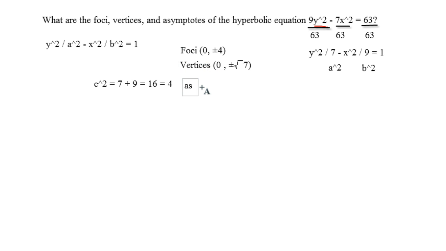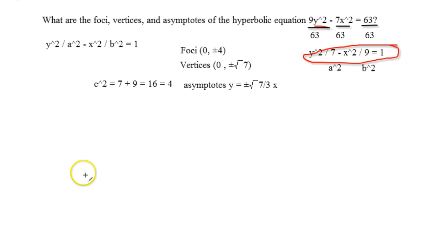Then the asymptotes, if we use our formula sheet correctly, should be y equals plus or minus the square root of 7 divided by 3 times x. And voila, we have everything set up to find the foci, vertices, and asymptotes of a hyperbolic equation, as well as the hyperbolic equation we're dealing with.